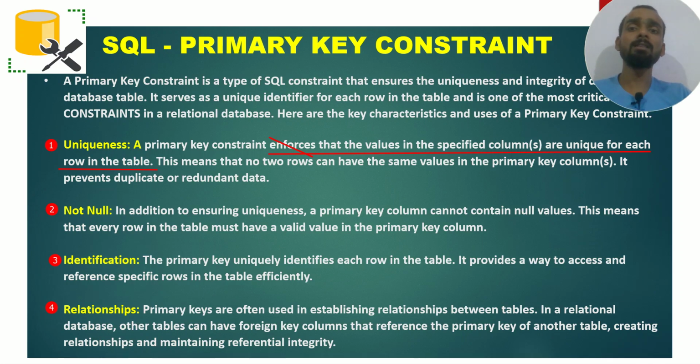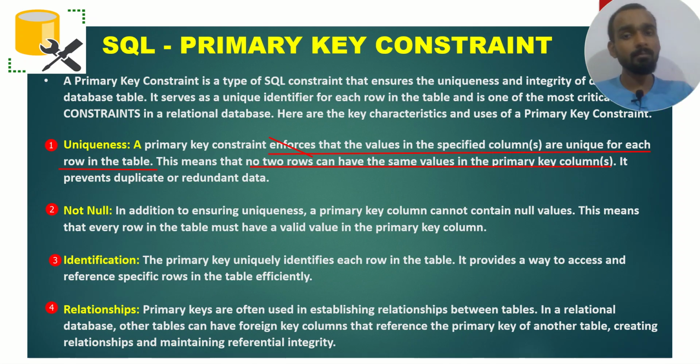And another line is saying this means that no two rows can have the same value in the primary key column. The same thing is written over here. Let's say I have given an employee A001 as employee ID, and another day another employee gets hired, and I am trying to give the same ID, let's say by mistake.